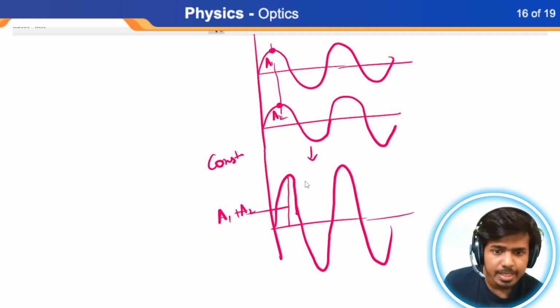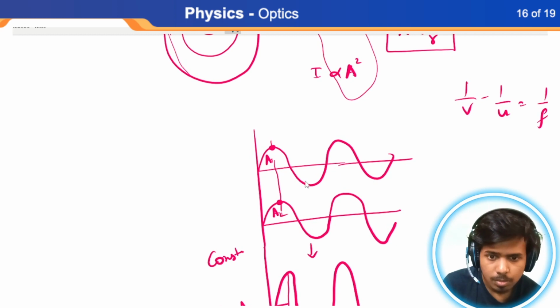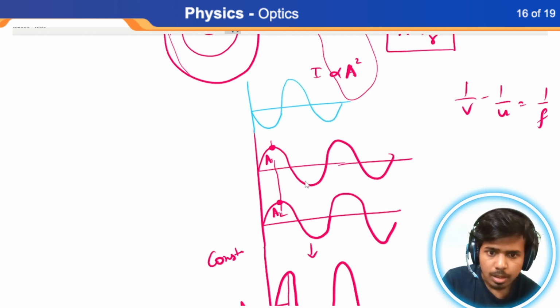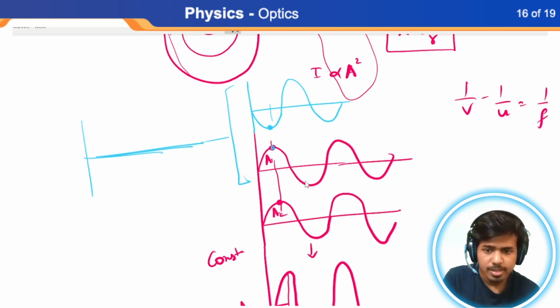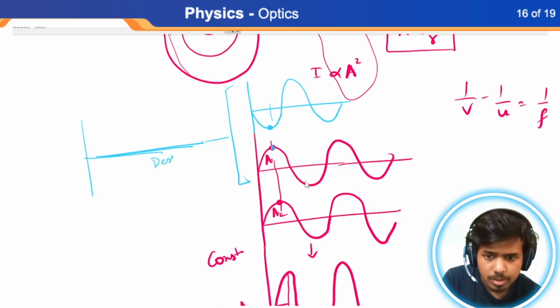There could be a case in which the other wave looks like this, where this point is on the negative axis and this point is on the positive axis. When you combine these two, the wave will actually look like this. Nothing. There is nothing here. So this is called destructive interference.